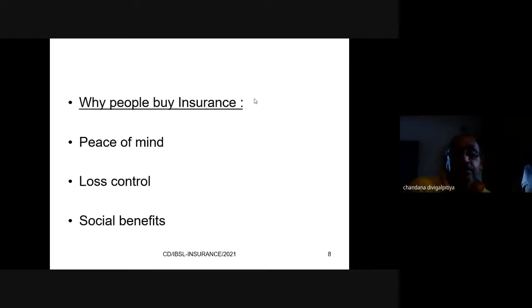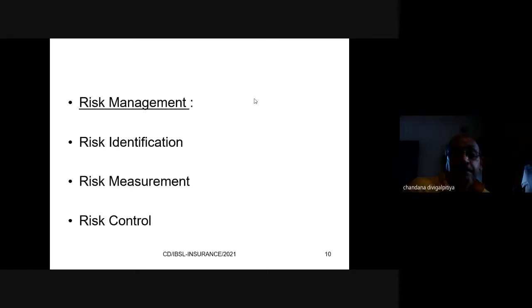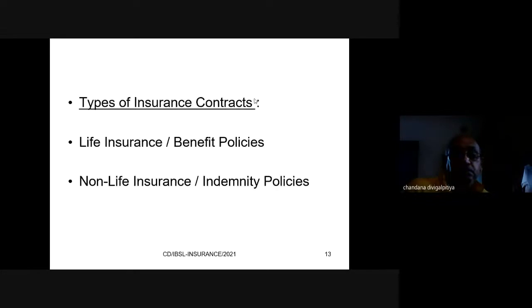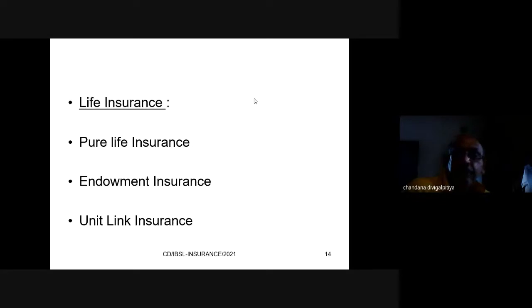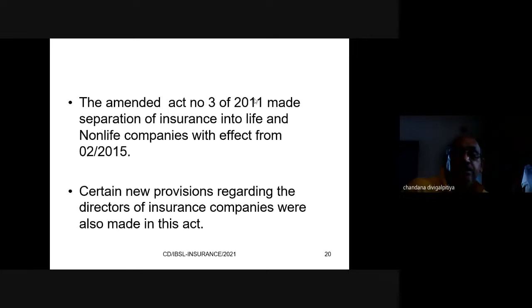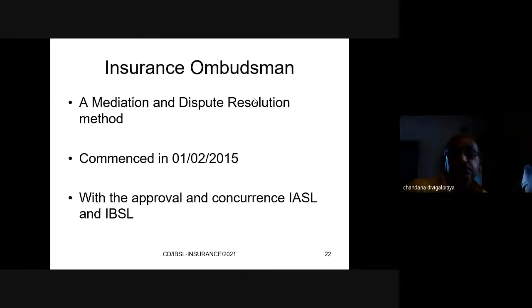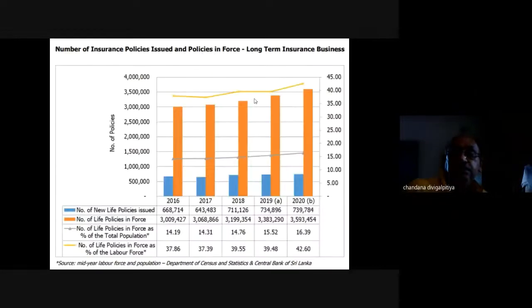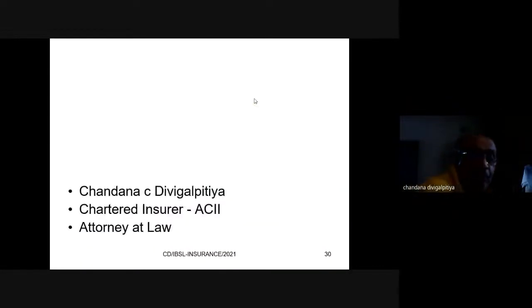These are the main features of insurance. Why people buy, risk management, main elements of an insurance contract, types of insurance, life various components, general various components, Insurance Act, amendments, ombudsman, arbitration, selling, some charts. So that's all from my side.